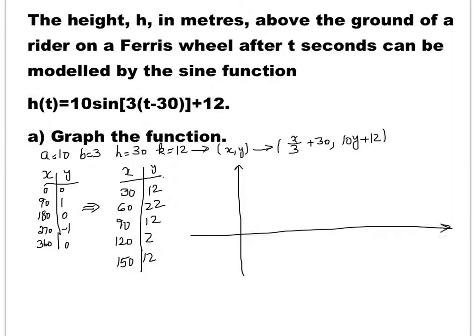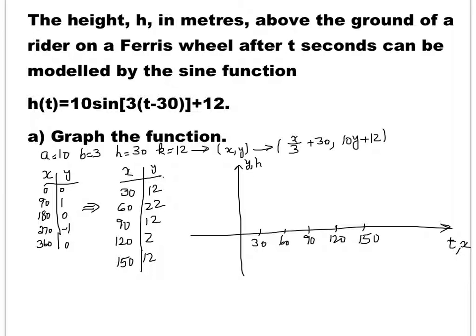So this is going to be our t, which is the same as x. And this is our y, which is the same as h. Now, the t values are 30, 60, 90, 120, and 150.